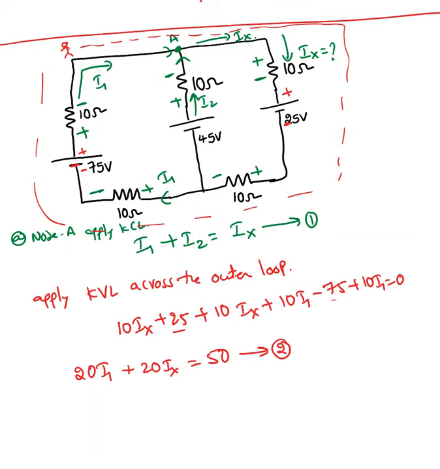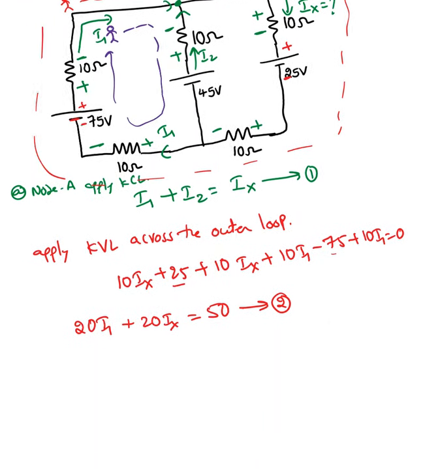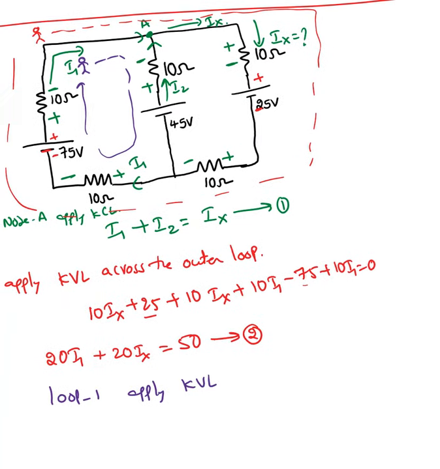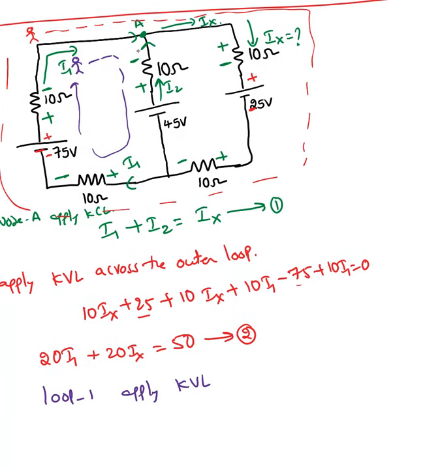Now all I need is one more equation. It's up to you. You can choose this loop. I'm going to start walking inside this loop, loop 1, and apply KVL. Start walking. Here I'm entering the negative terminal, so that's a voltage gain.